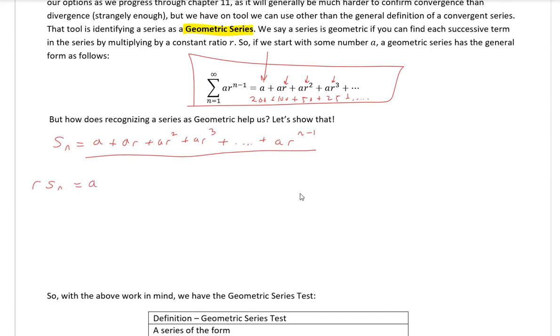Well, I would just get ar plus ar squared plus ar cubed plus ar to the 4th, notice I'm keeping them lined up, plus all the way up to ar to the n minus 2 and then ar to the n minus 1. Then this ar to the n minus 2 would become ar to the n minus 1, and this ar to the n minus 1 would become ar to the n, because all these are going to be multiplied by r.